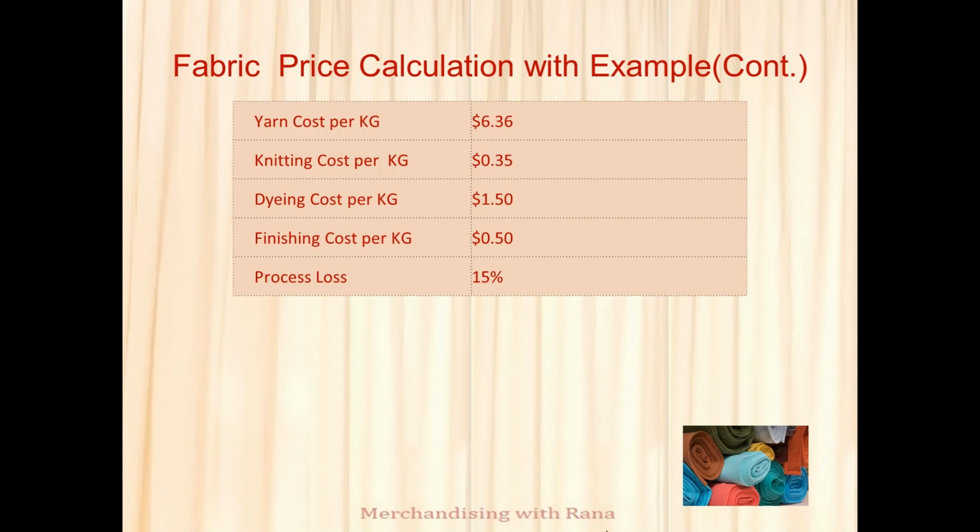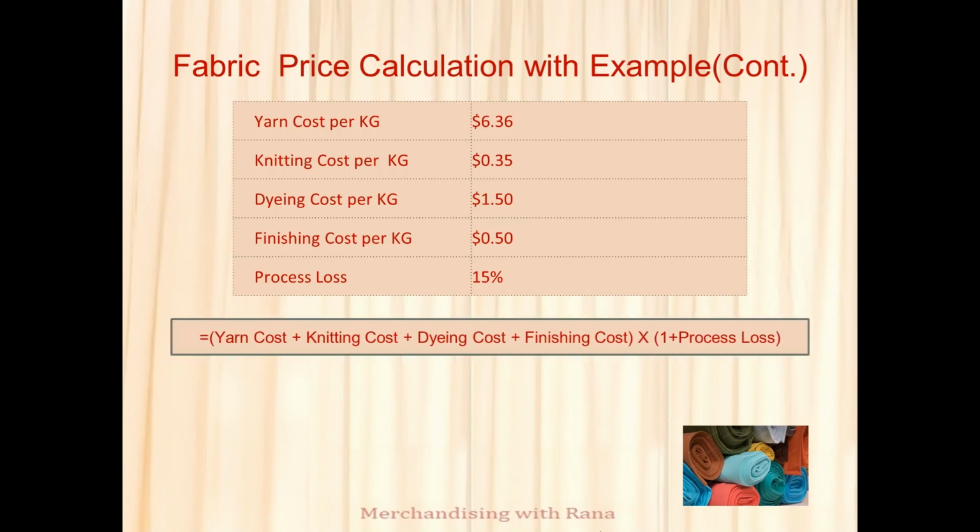Here is the formula: yarn cost plus knitting cost plus dyeing cost plus finishing cost, multiplied by process loss. After putting all these values in this formula, you get the fabric cost per kg. Remember again, unit of measurement. I am considering kg.